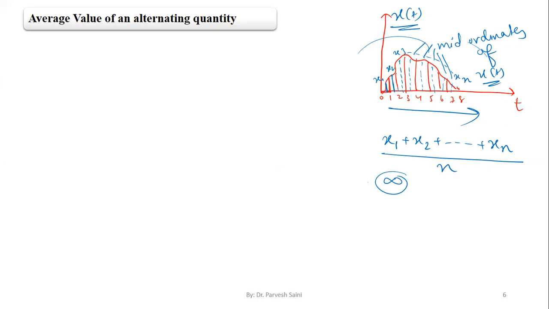So how many mid ordinates you have to take, that is a question. The more the number of mid ordinates, the more accurate would be the average value, right?